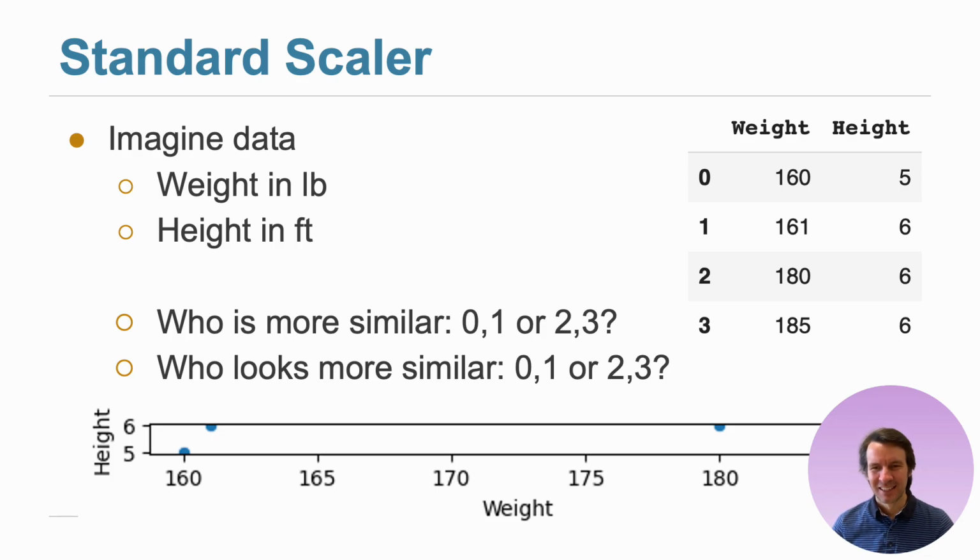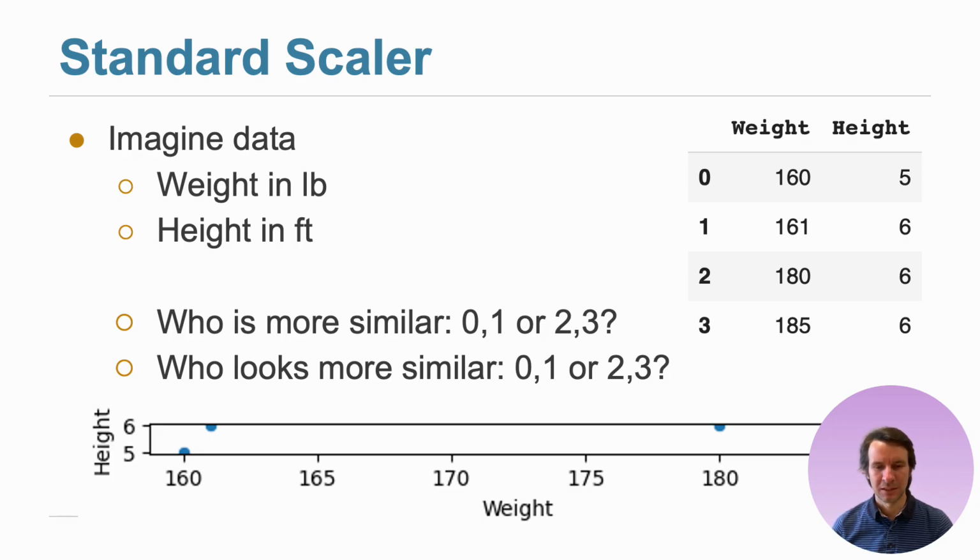I guess that the people 2 and 3 would look much more alike than the people 0 and 1. 0 and 1 of them would be by 1 foot shorter, and it would be very easy to notice, and maybe for the same height the weight would also make it look slightly different for the body. So maybe you need to adjust the units a little bit, right?